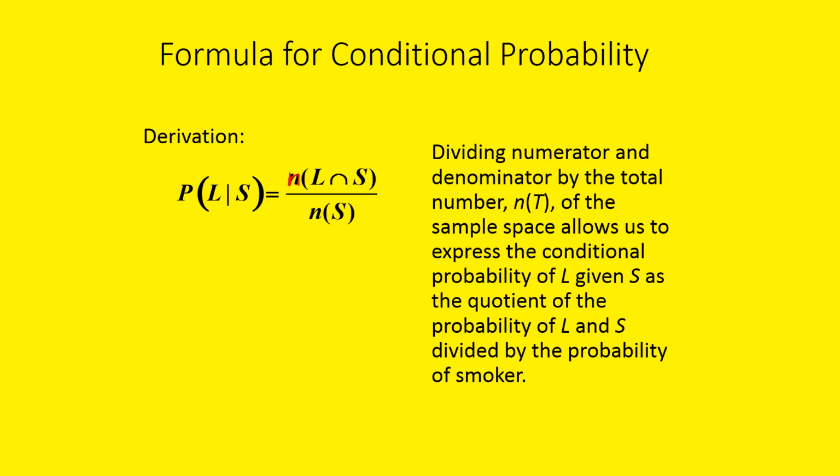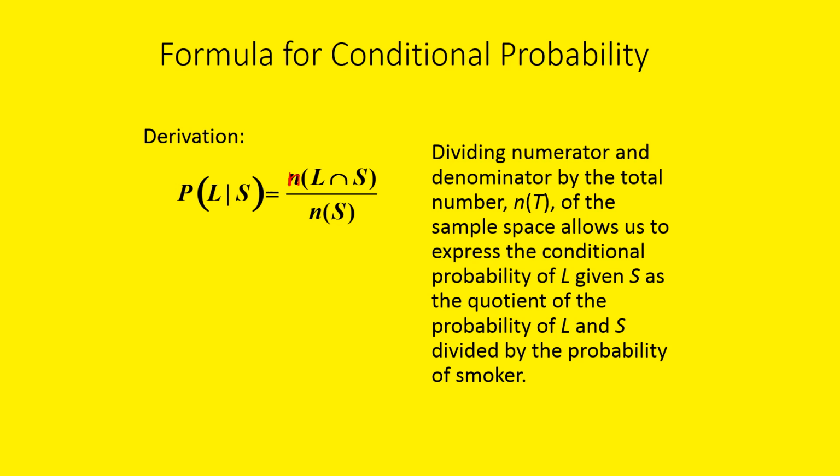So we're going to divide numerator and denominator by the total number of elements in the sample space, that is, the number of people in the U.S., n of S.